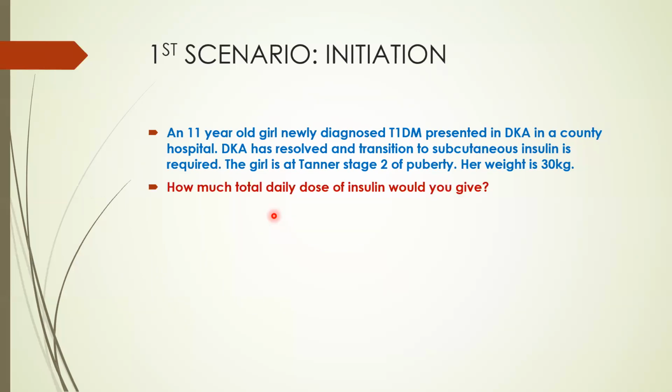So the question here is, how much total daily dose of insulin would you give? 11 years, pubertal girl, weighing 30 kilos. How much would be the total daily dose of insulin?